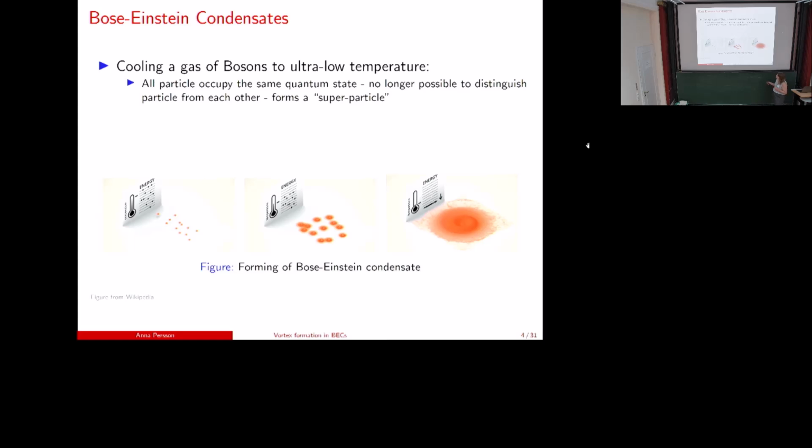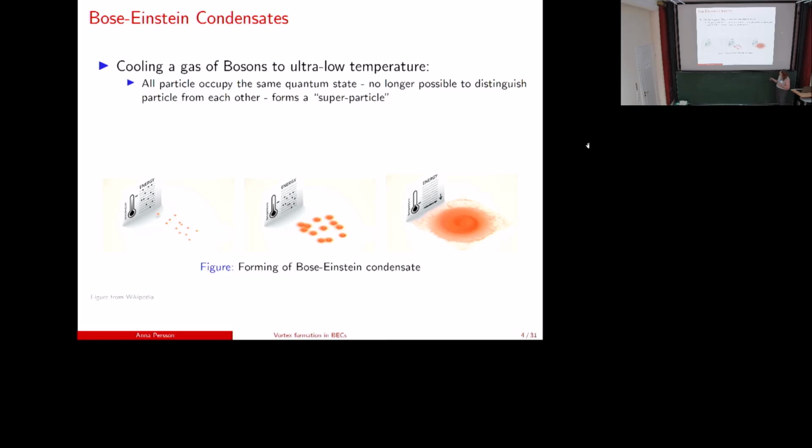So this is a picture that I would like to use to describe how they are formed. In the beginning you have quite a high temperature, and the bosons move freely. They all have different energy levels. You decrease the temperature, and they start to move less. And because of their quantum nature, they have this wave behavior.